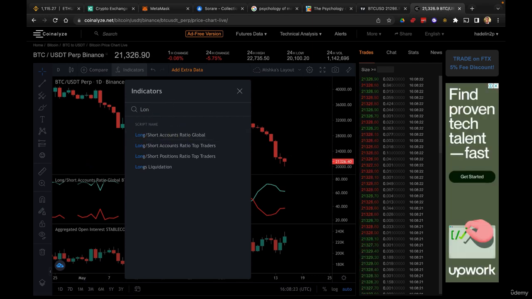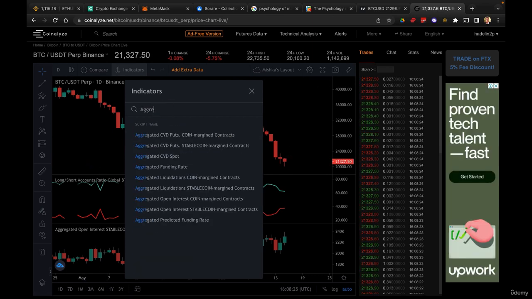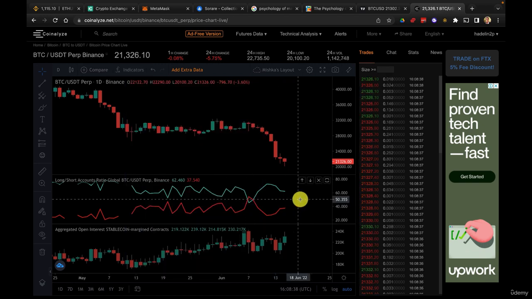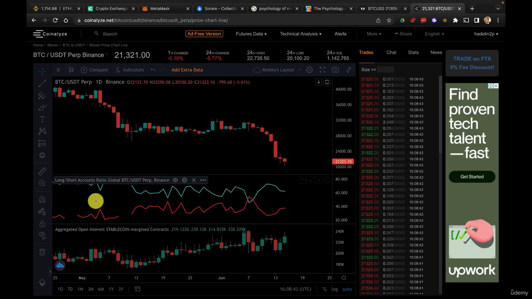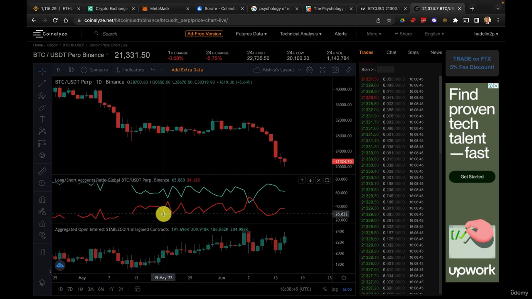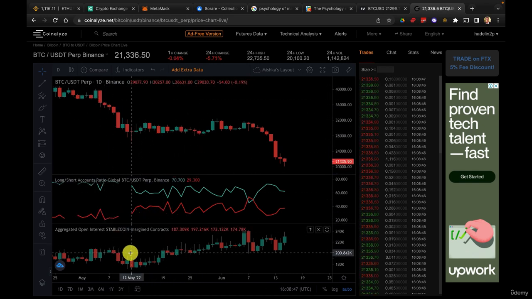For the second one, you type aggregated open interest and you take aggregated open interest stablecoin margin contract. You click on it, and you should have exactly the same page as me, with first the Bitcoin price, then the long-short accounts ratio, and third, the aggregated open interest.